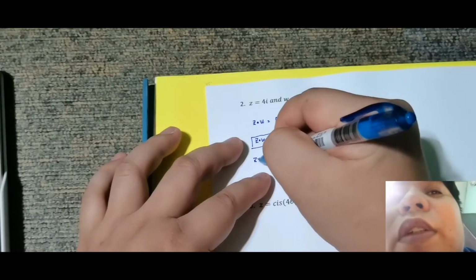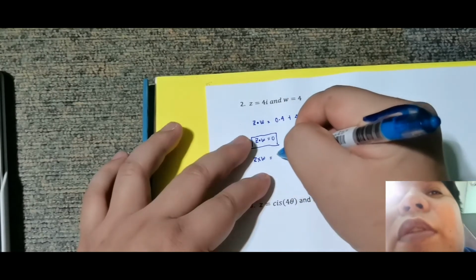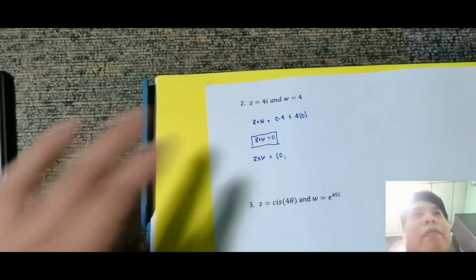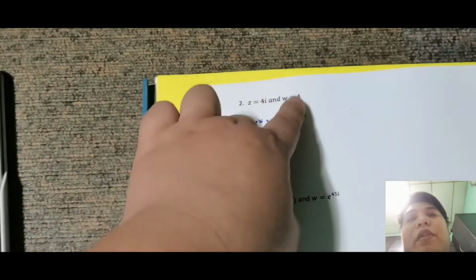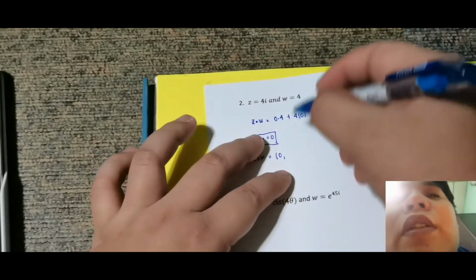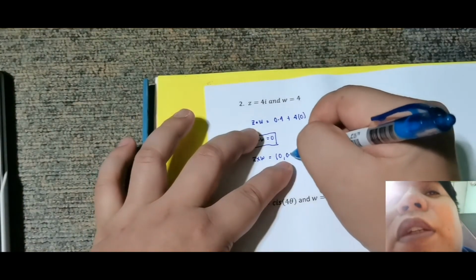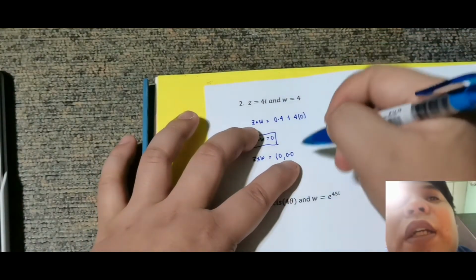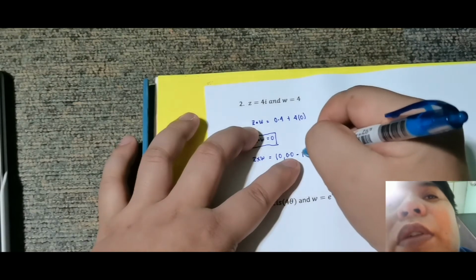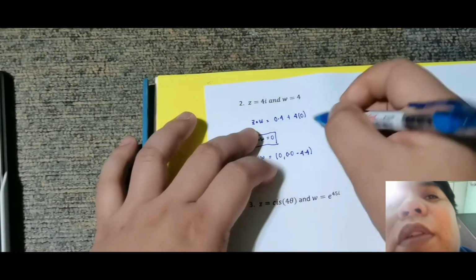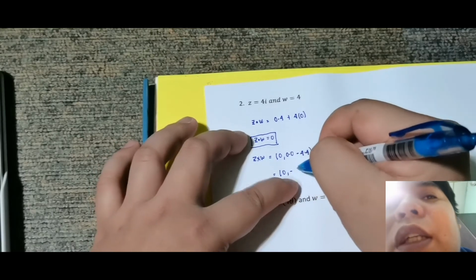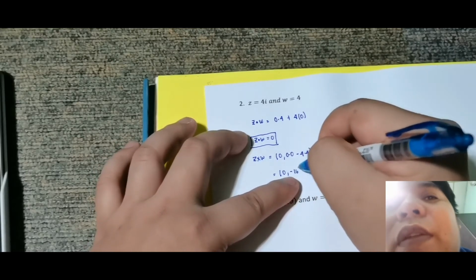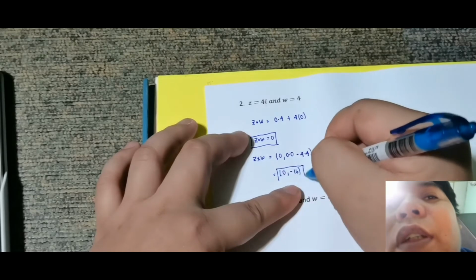Next is yung kanyang cross product. So Z cross W is simply equal sa 0, comma, outer times outer, that is 0 times 0, minus inner times inner, that is 4 times 4, which is equal sa 0, comma, negative 16. Ito yung kanyang cross product.